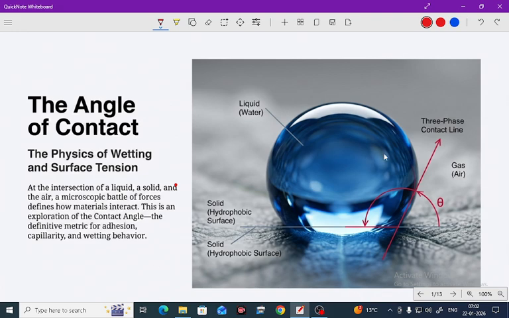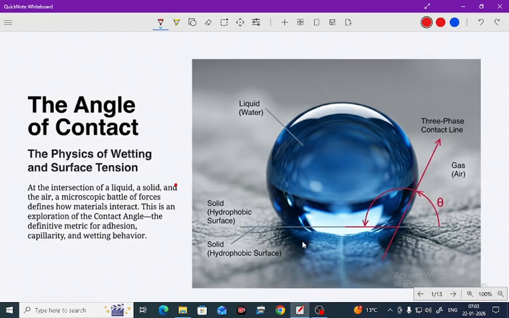See, if this is a liquid of water, there is a three phase contact line. This is the solid surface. This is the liquid.